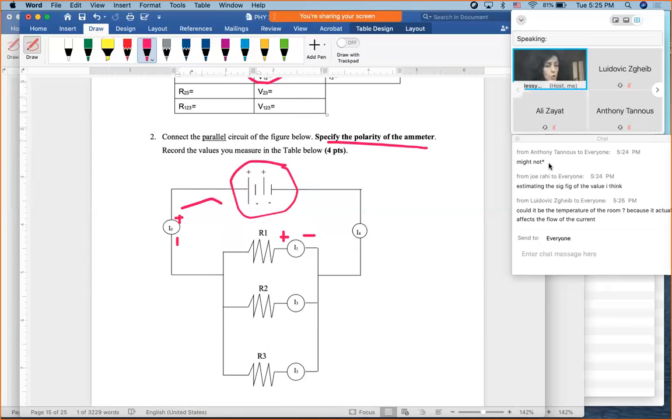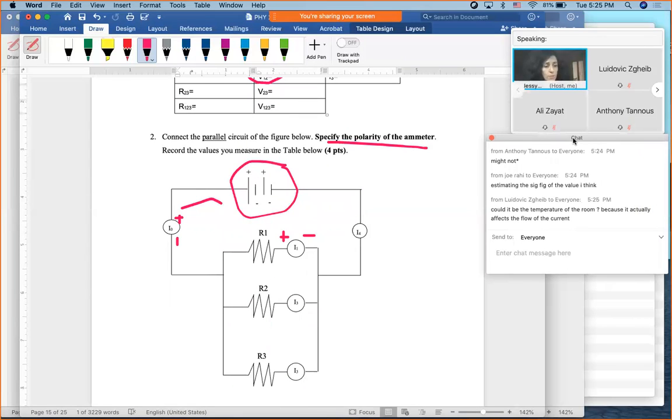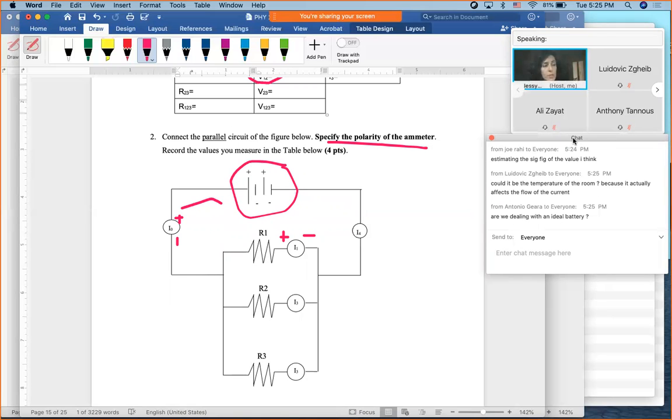If you do the temperature of the room, because it affects the flow of the current. Let's say the room temperature is high. I know, yes, it does affect because I'm using copper wires, right? And the resistivity of copper wires is given at 20 degrees C. So if we are in a very cold room, the resistance is going to change and the current is going to be affected.